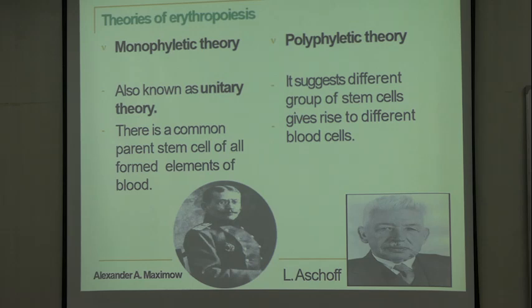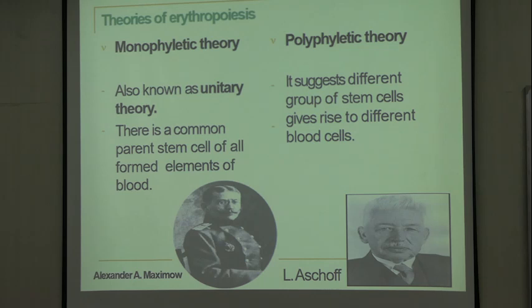It states all cells derive from a particular stem cell. They are the originator. From these stem cells, all varieties of blood cells are produced. So this was the monophyletic theory.